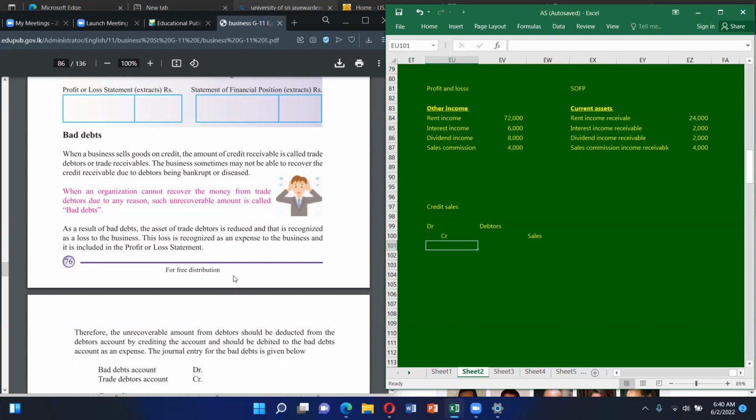Now suppose that debtor won't pay you. If that debtor won't pay you, what will happen? It's a loss for you. So that loss is considered a bad debt.